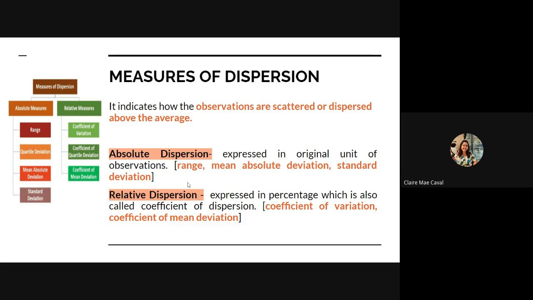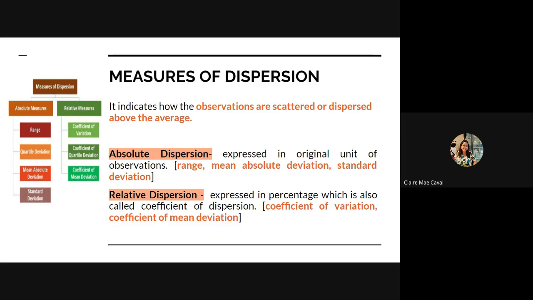Another type is relative dispersion. These are topics from your SAS modules 13 and 14 already. I'll just give you an overview, but I'll be uploading or might be referring to another pre-recorded lecture for this. Relative dispersion is expressed in percentage, which is also called the coefficient of dispersion. It is the ratio to the total magnitude.